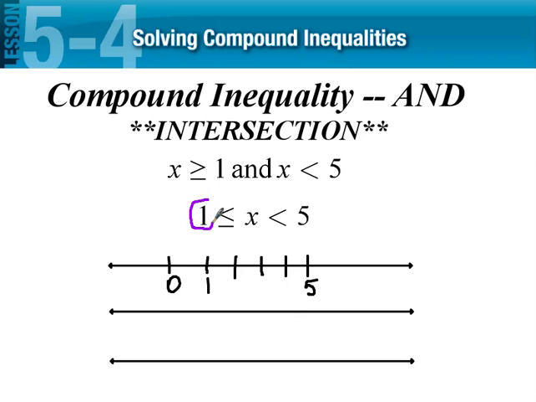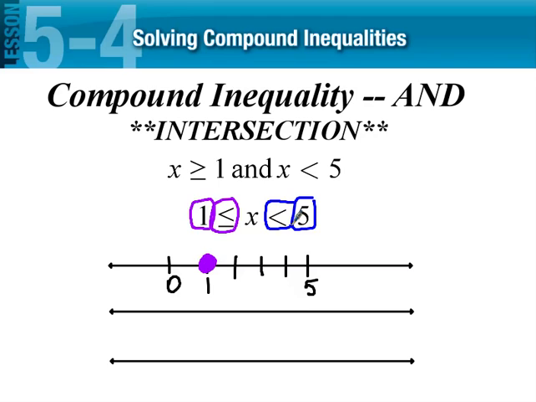So this is how you graph that one. This number here tells you where you're going to start. So I'm starting at 1. I am looking at the inequality right next to 1. So I'm looking at this inequality. Does that symbolize a closed circle or an open circle? Closed. Okay. Now I'm going to go to the other side. This tells me where I end. I'm going to go to the inequality right next to it.